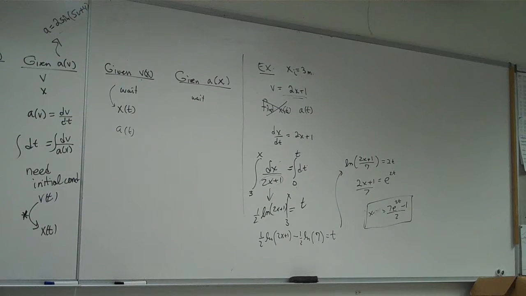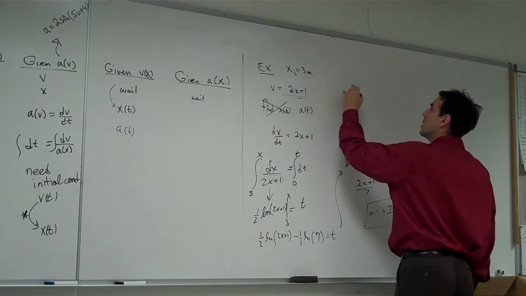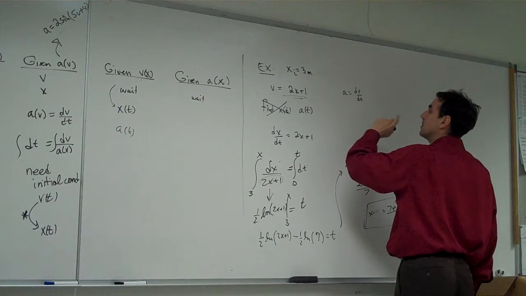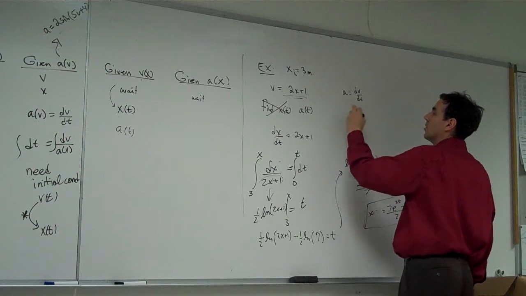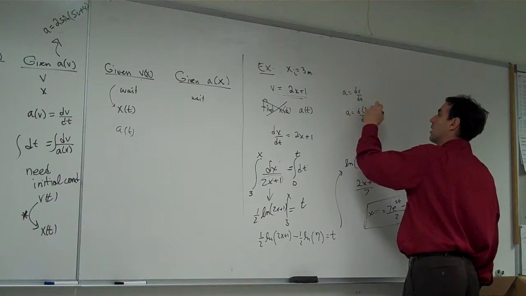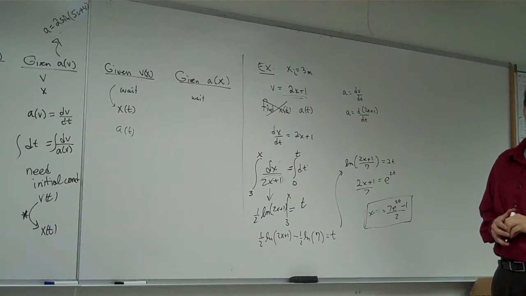Would you have a equals dv dt? Would you use that, but then take the integral and solve for v and then plug it in? So like the integral of a dt equals 2x plus 1. Or you could do that. Okay.